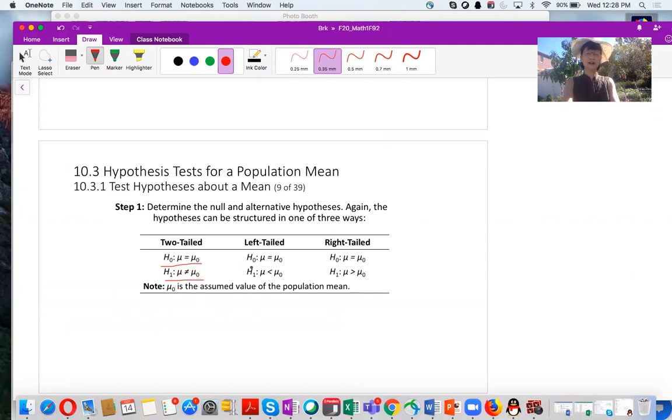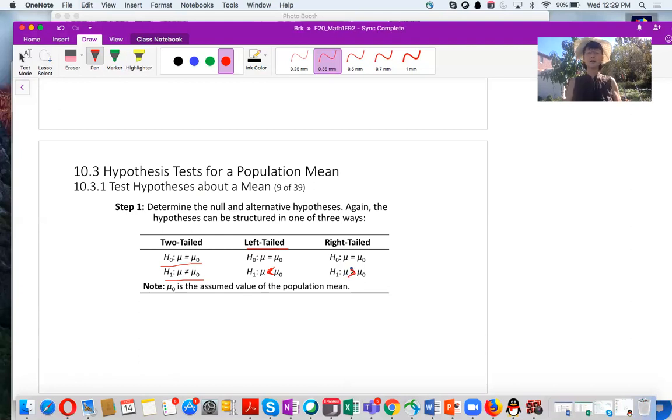When you have a left-tailed test, how do you know? Usually you have keywords like decrease or less than, which are reflected by H1 using the smaller sign. The smaller sign signifies a left-tailed test. A right-tailed test is signified by H1 having a greater sign.